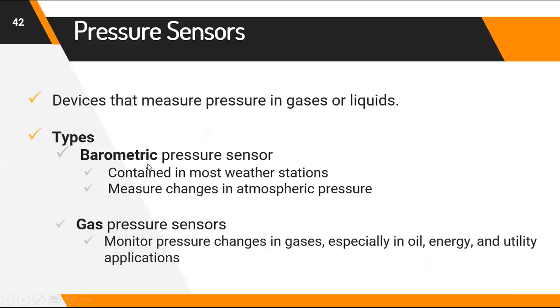The barometric sensor measures changes in atmospheric pressure, so it is usually used in weather stations. The gas pressure sensor, as I told you earlier, is used to check pressure changes inside your oil, energy, and gases. So this is just an overview.